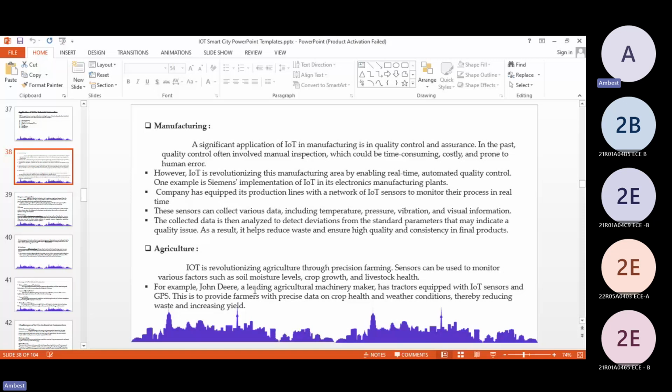This data is collected and analyzed, and it detects deviations from the standard parameters, which indicate a quality issue.